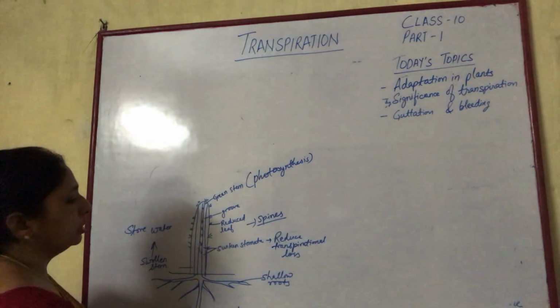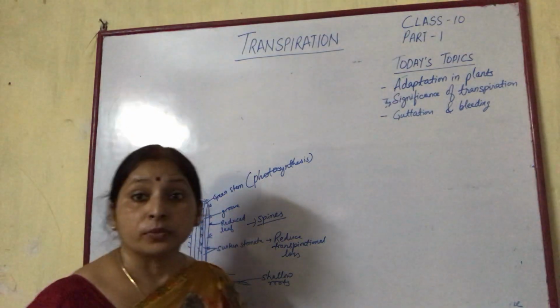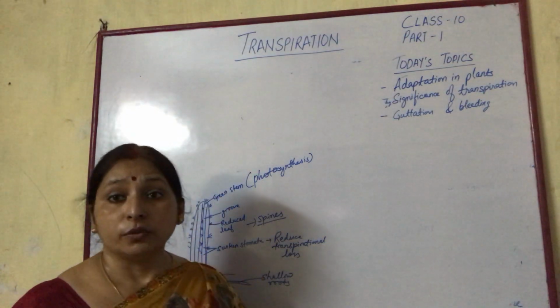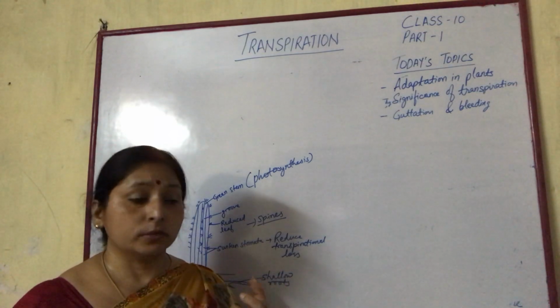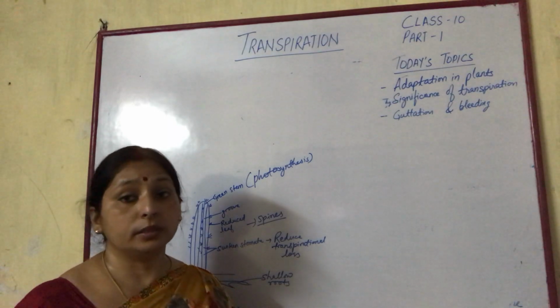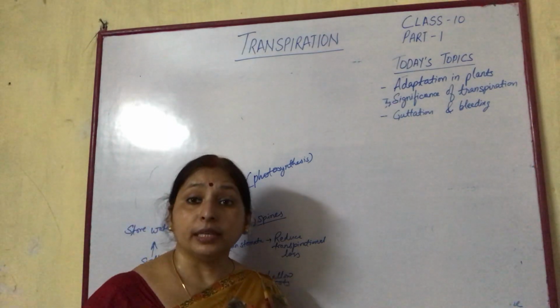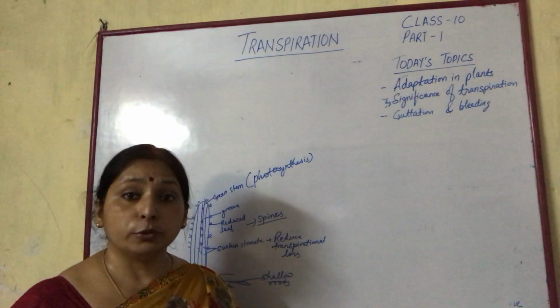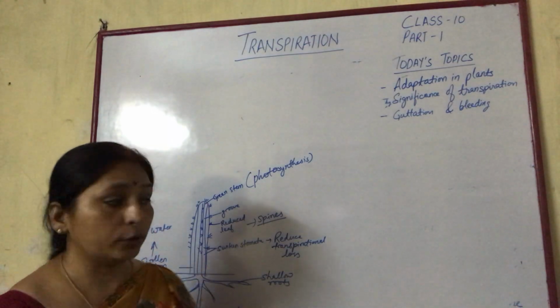So this is all about the diagram of the cactus showing the adaptive features: the swollen green stem, leaves reduced to spines, and roots of two types, deep roots as well as shallow roots.